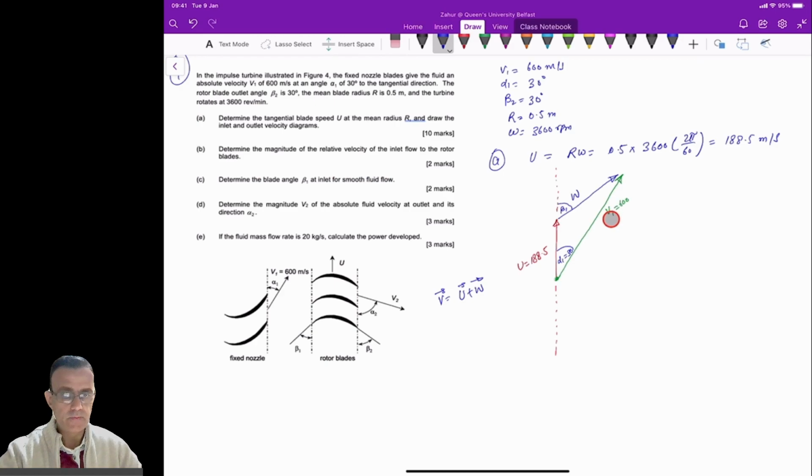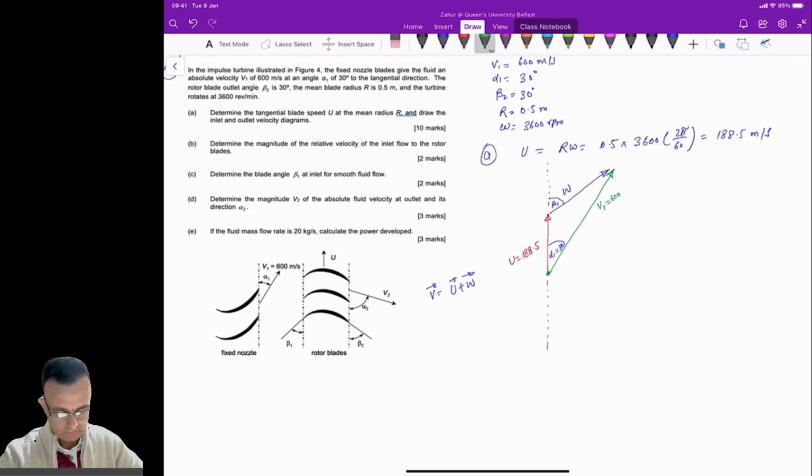Okay, so this is the inlet velocity triangle. Now we also want to draw the exit velocity triangle here. So to draw the exit velocity triangle, this is our v2 here, and this is the angle which it makes with the tangential direction, which is alpha 2.